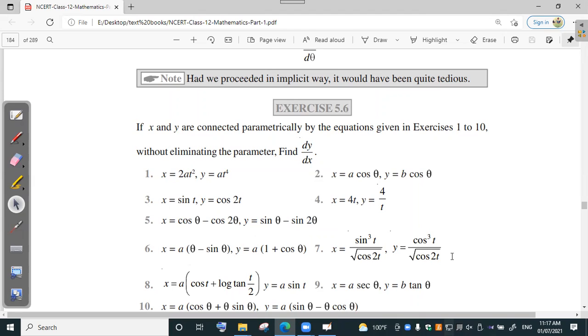Only from here you will find somewhat more complicated functions. Otherwise, all are simple functions. Question number 5.